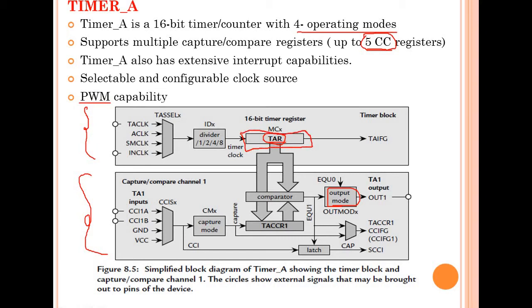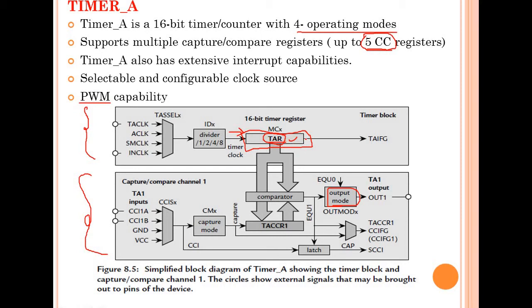Depending upon the clock pulse, this count value will increase, and the present count value will appear in the TAR register. TAR means Timer A register, which holds the present count value of the 16-bit counter.